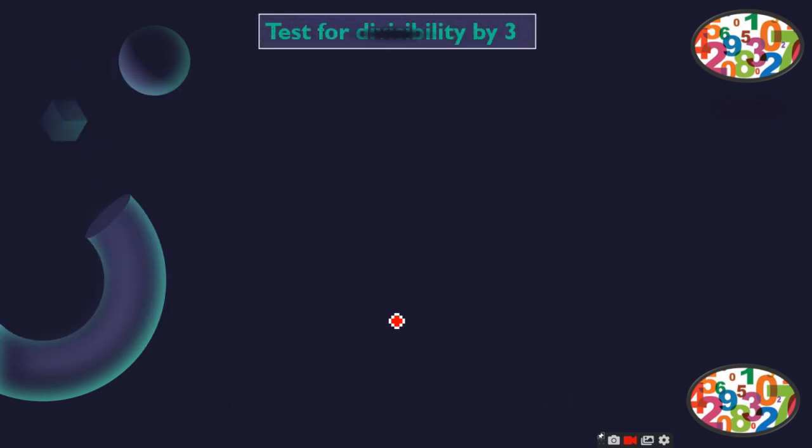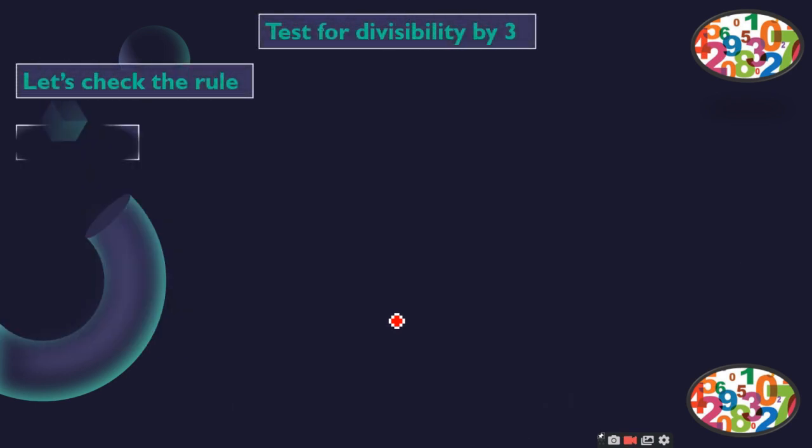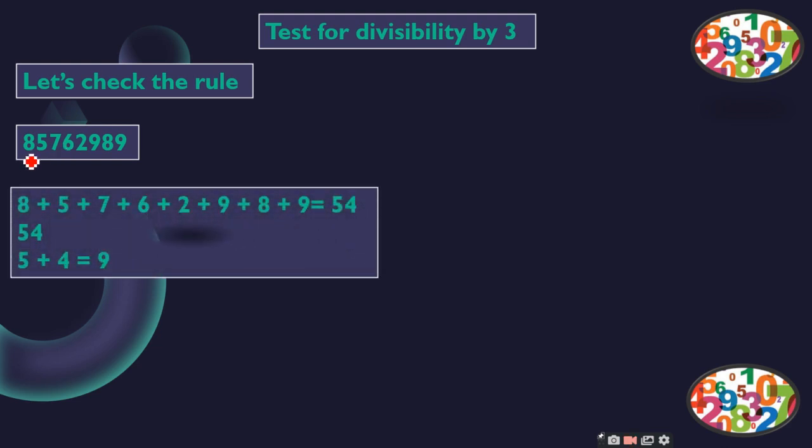Let's have some more examples. 8576298. This is a large number. Let's check the divisibility. First we add the digits. So 8 plus 5 plus 7 plus 6 plus 2 plus 9 plus 8 and plus 9.